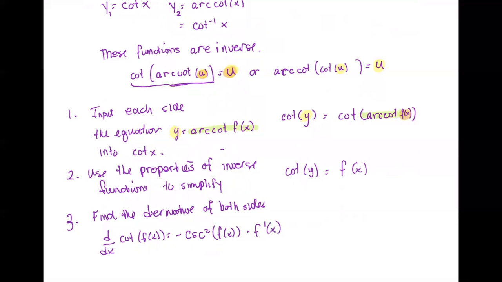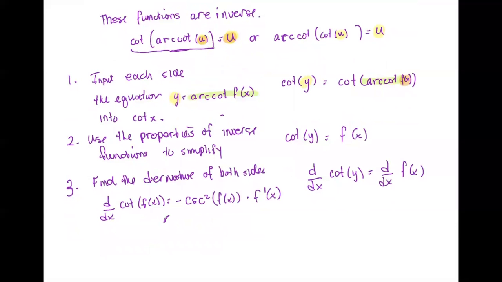So I'm going to do d dx of the cotangent of y equals d dx of f of x. On the left, I have negative cosecant squared of y, but then I have to take the derivative of the inside. The inside here is y, so I write dy dx. On the right, the derivative of f is just f prime of x.